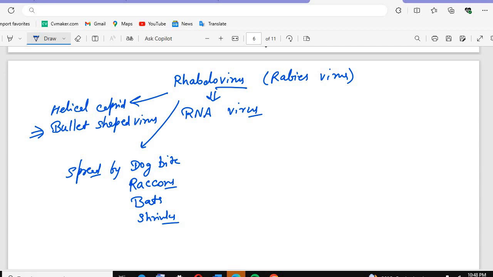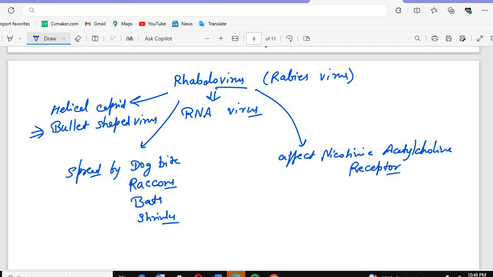They affect one receptor, the nicotinic acetylcholine receptors.